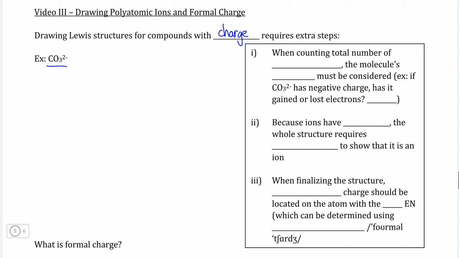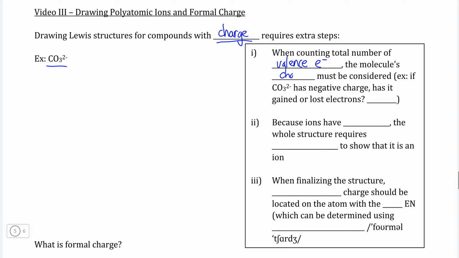Now, the good news is that pretty much all of the steps from the previous video also apply to polyatomic ions, although because they have charge, they come with a few extra steps, starting right at the very beginning when we draw the structures of each of the atoms within the compound and count the total number of valence electrons.